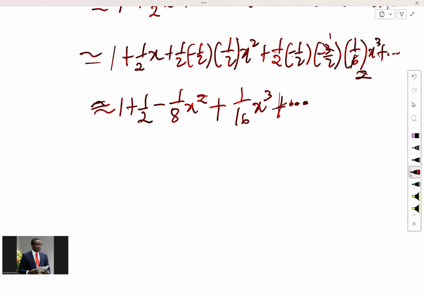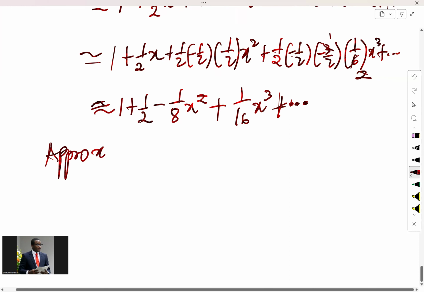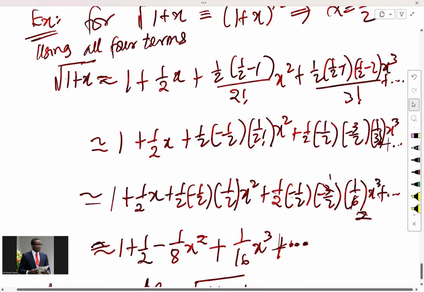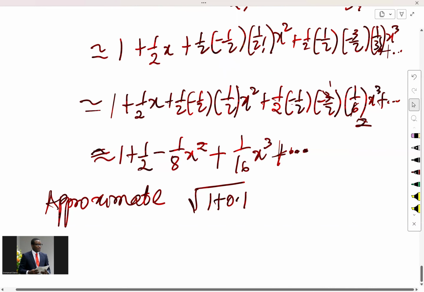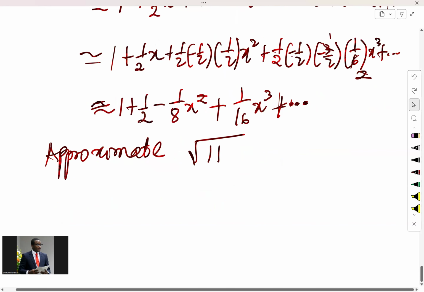So if you now approximate root 1 plus 0.1, it means you're approximating, so x is your 0.1. In fact, I could actually write it as approximate root 1.1.